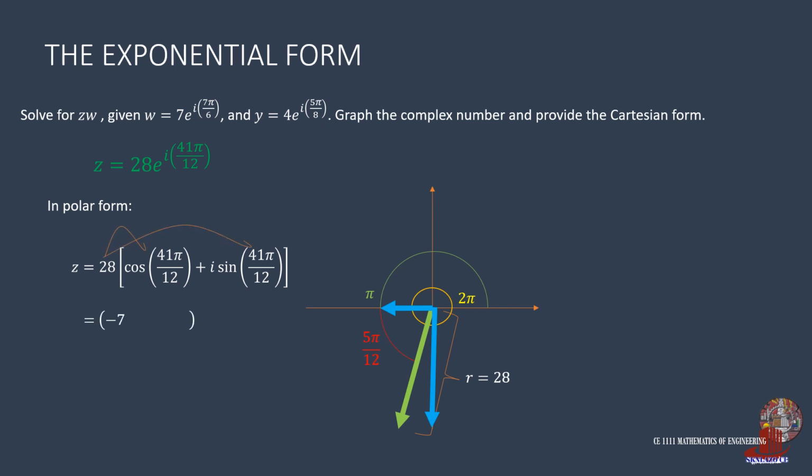Multiply the terms and get negative 7 root of 6 plus 7 root of 2 for the first term, and negative 7 root of 6 minus 7 root of 2 for the second product. In decimals, zw is negative 7.2469 minus 27.0459i, which is similar to the answer earlier.